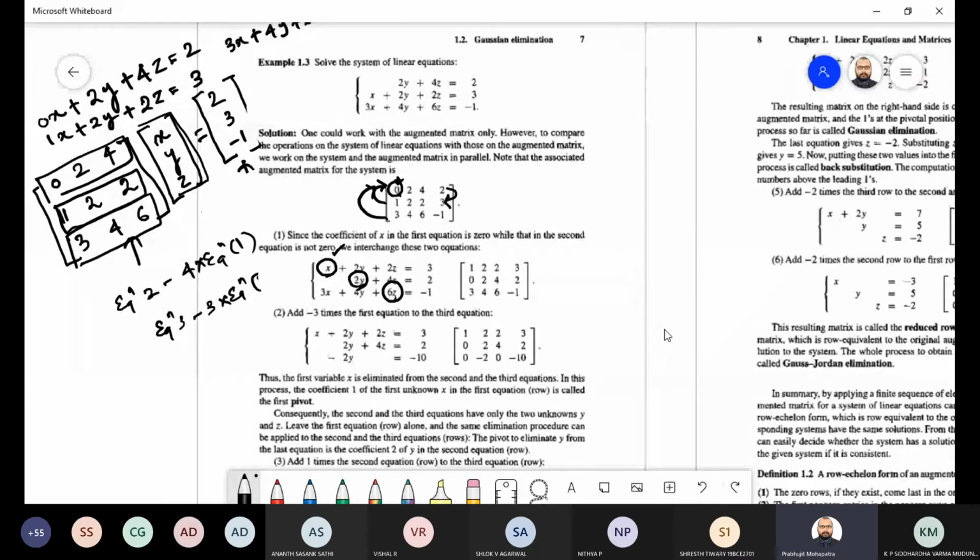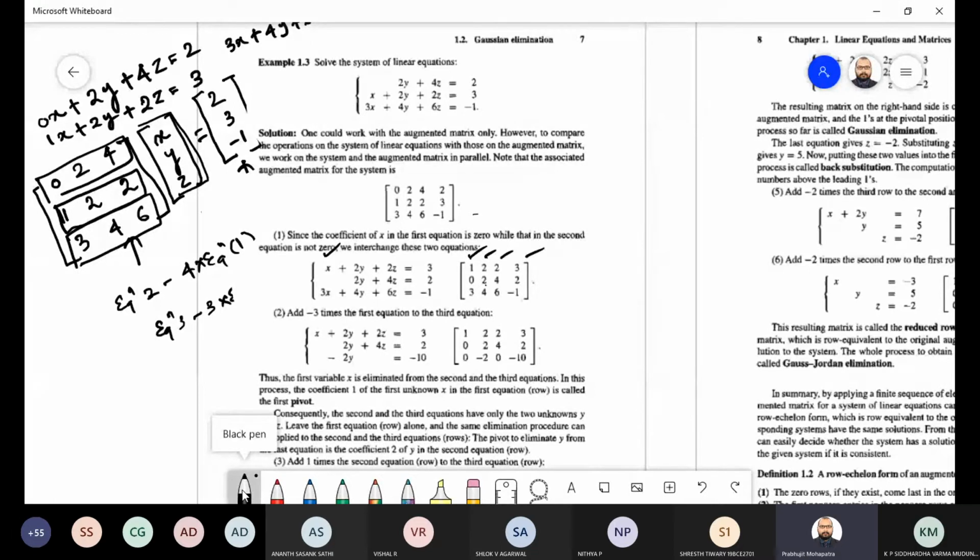So what happened? We took equation 2 to the position of equation 1. Now we are having x here. So now see here, the first row will be 1, 2, 2, 3.